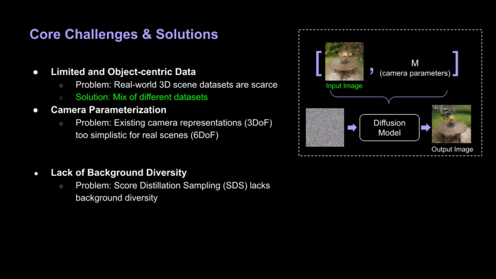This, of course, makes the second limitation even worse, because now we have more diverse camera settings used in different datasets. A full 6 degree of freedom extrinsics plus a field of view representation are used as camera parameters. The authors then propose a viewer-centric normalization to handle scale ambiguity.